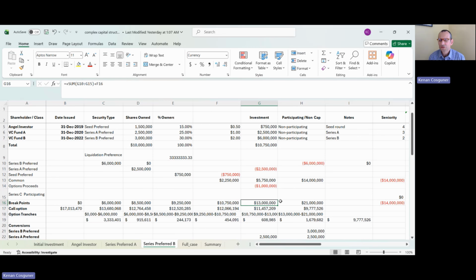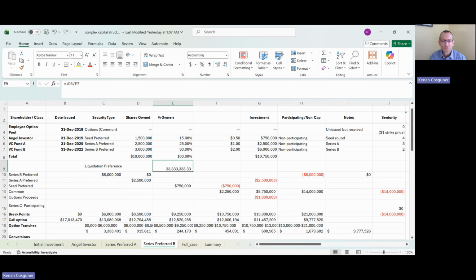Now, Series B shareholders have incentive to convert their shares into common equity. Of course, they have to give up their liquidation preference. Our initial value estimate for equity value was 33.3 million based on the implied value of Series B shareholders.